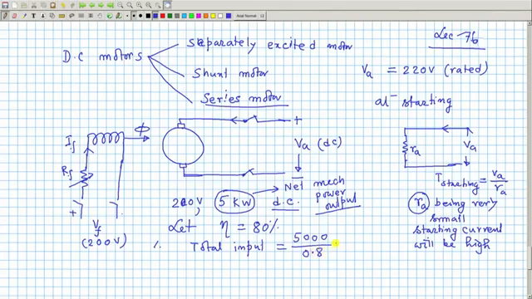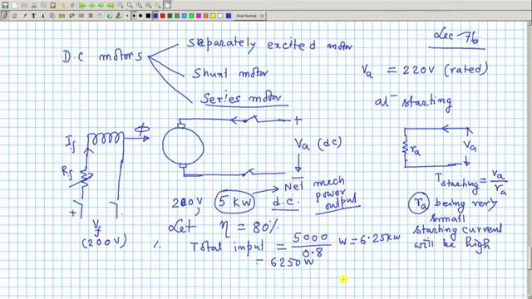How much is it? 6.25 kilowatt, that is equal to 6250 watt. It gives you 5 kilowatt as output. Now, where does the remaining power go? The remaining power will be the total losses in the machine.